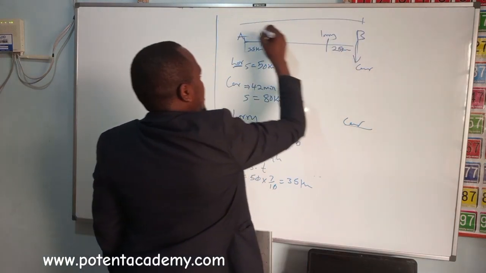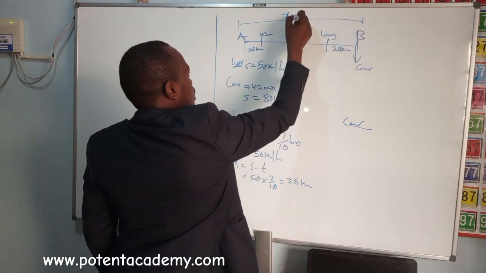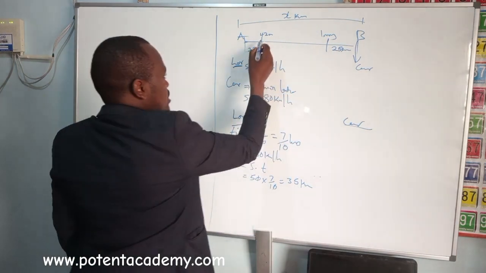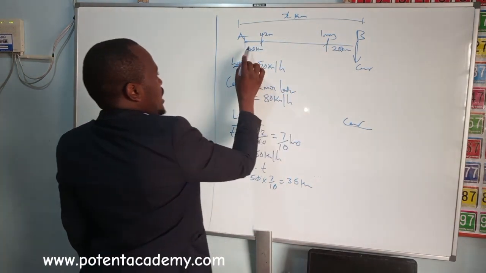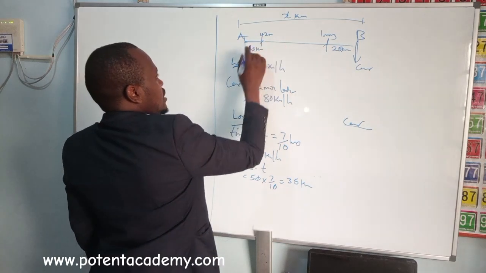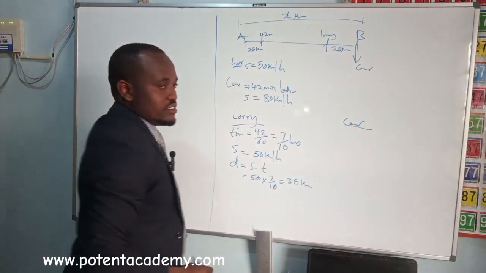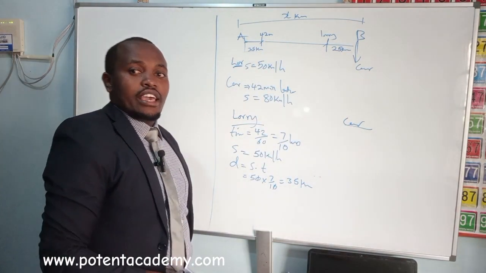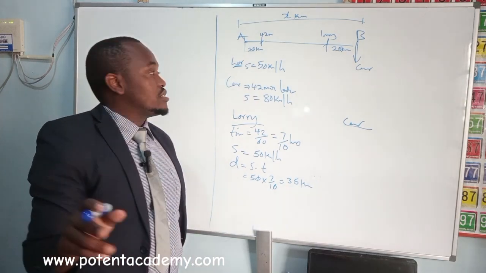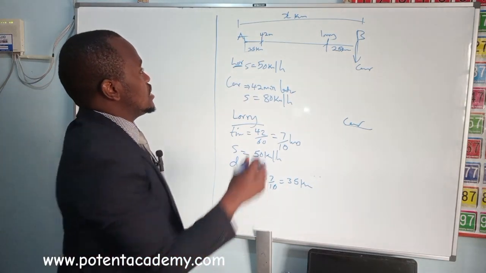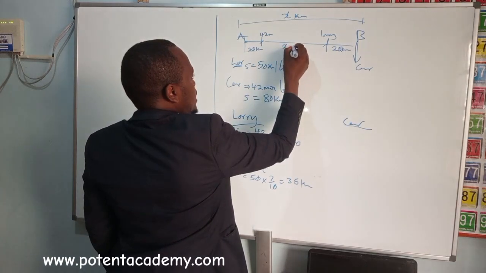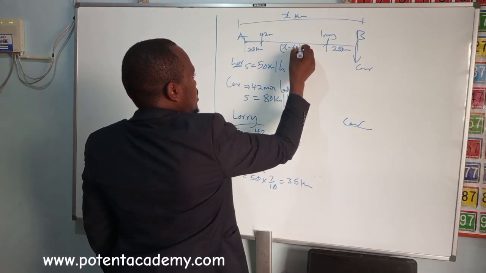This distance is x kilometers. Therefore, this distance here is x minus 35 plus 25. That is 60. So it is x minus 60 kilometers.